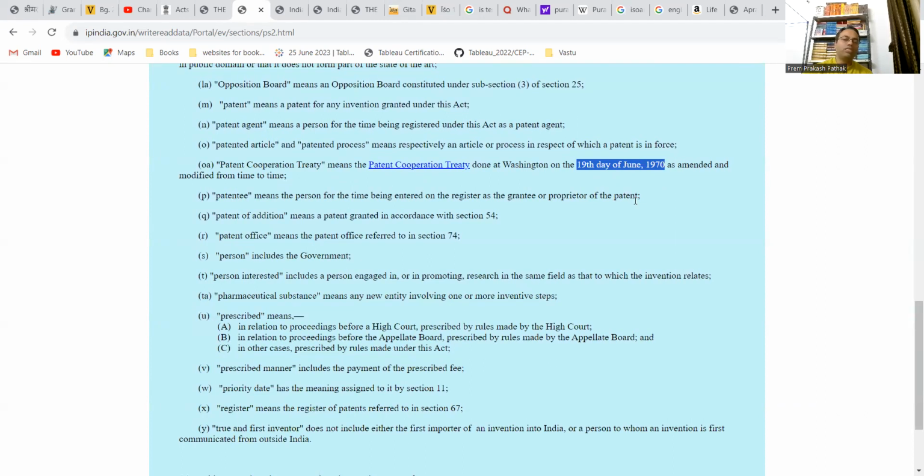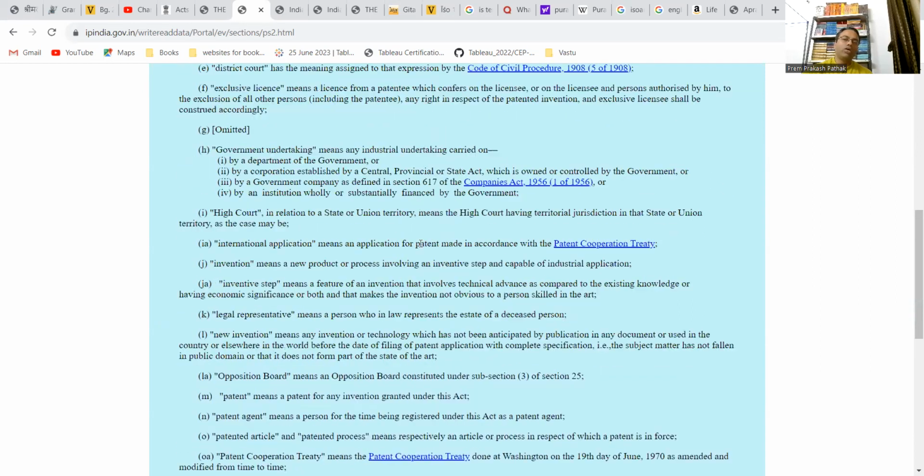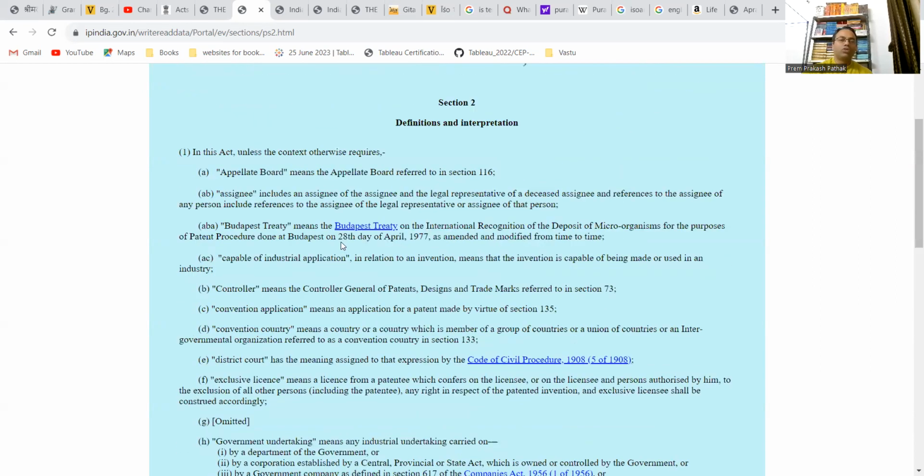So we have two dates to remember. One date is for the Patent Cooperation Treaty, PCT, that is 19th June 1970, and the other is for the Budapest Treaty, 28th April 1977. So first was the PCT in 1970, and the second was the Budapest Treaty in 1977, after 7 years.